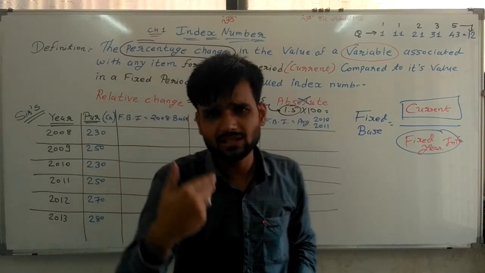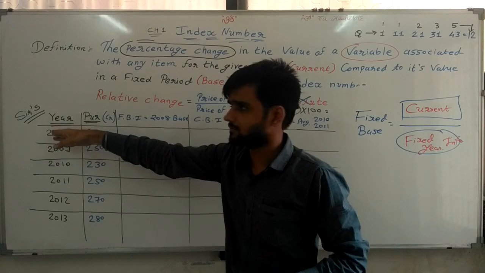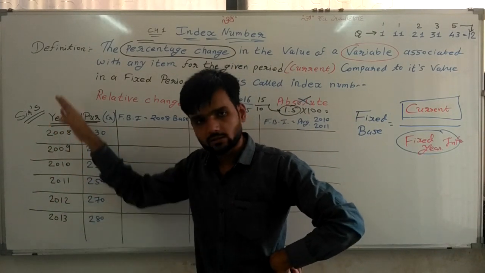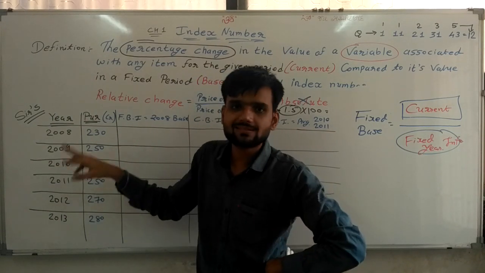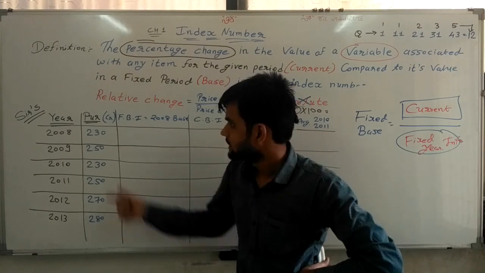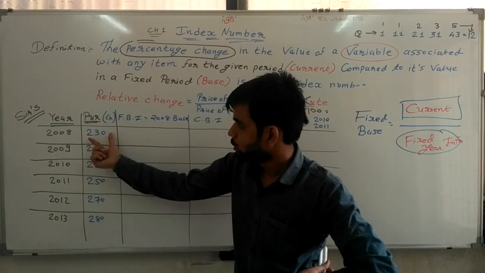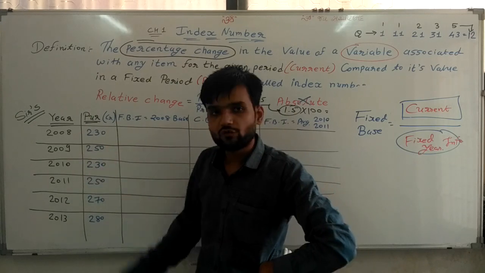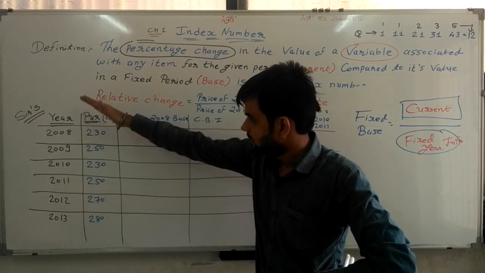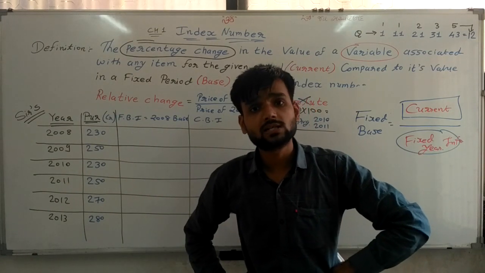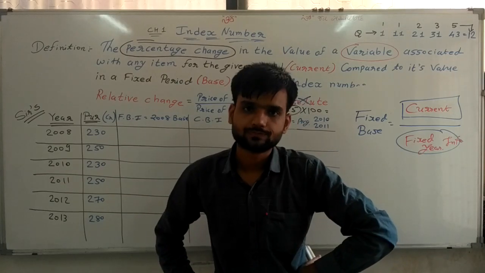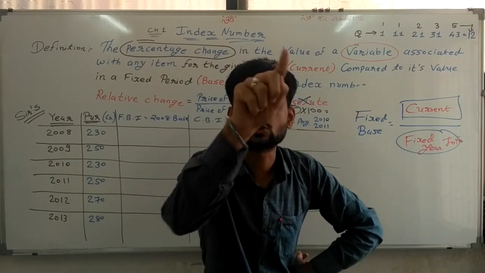Now here one example is taken by me, here given years 2008, 9, 10, 11, 12, 13. Against it, information given about purchase in crore rupees. 230 crore, 250 crore purchase, 230, 250, 270, 280. This is the information about purchase amount in crore rupees. Now my first question.